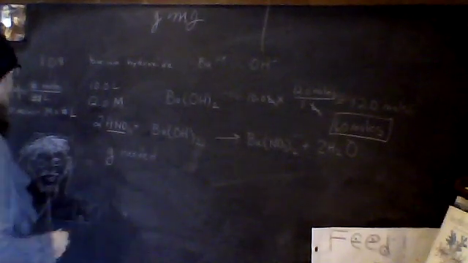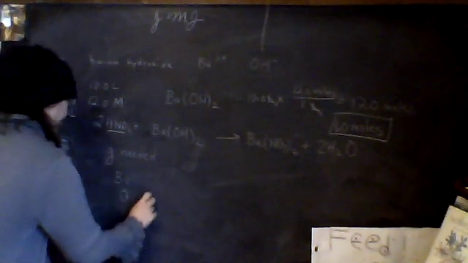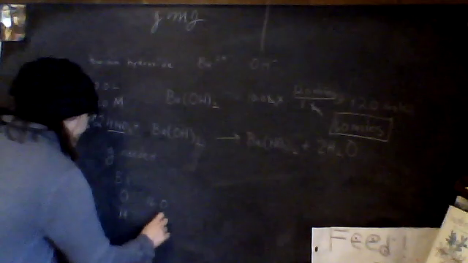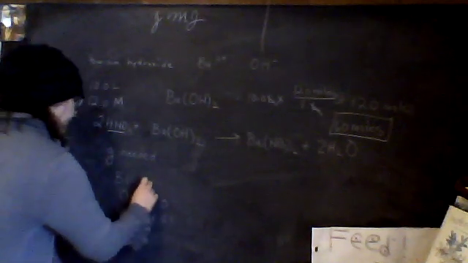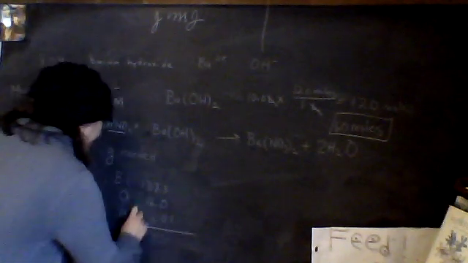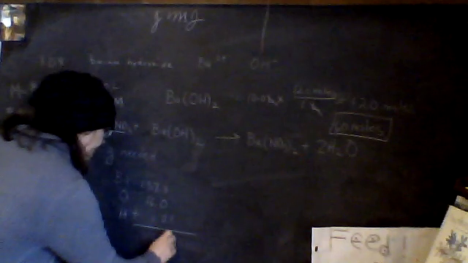Find out barium's molecular weight. Barium is 137.3, oxygen is 16 and hydrogen is 1.01. Add them up.